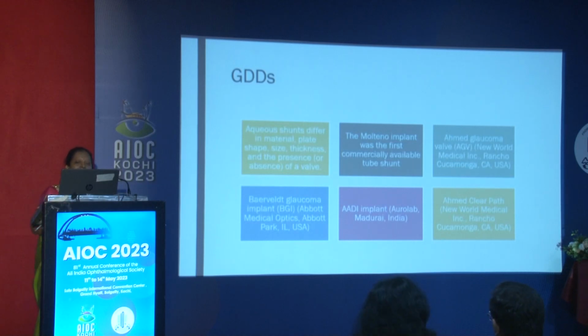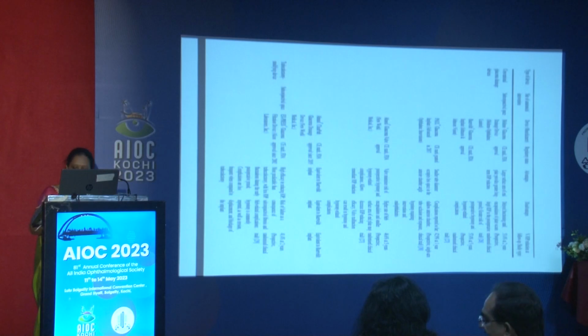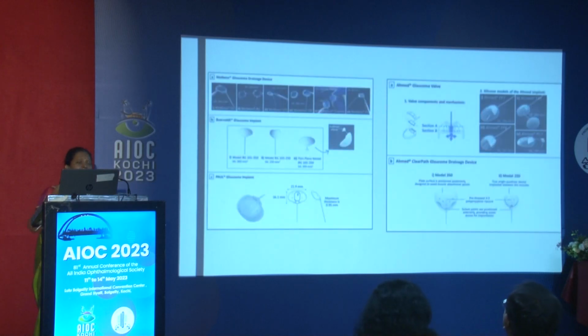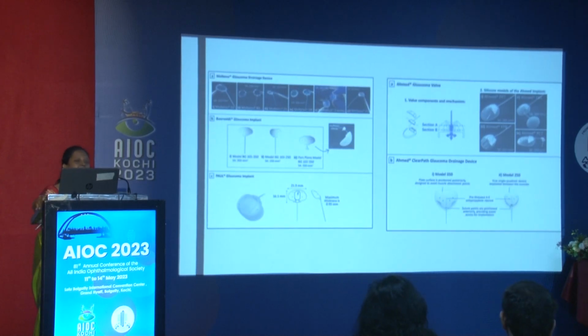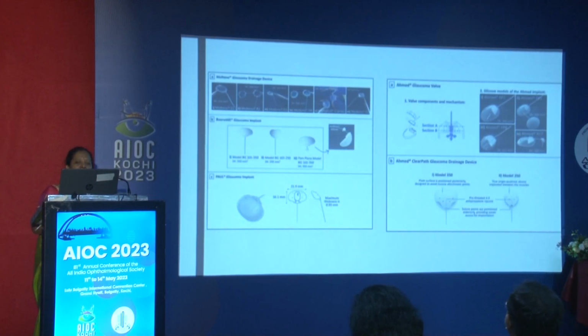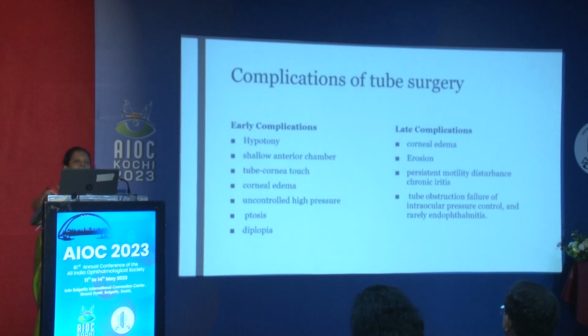The popular ones are Ahmed, Baerveldt, and the prototype of Baerveldt, the Indian indigenous device, the AADI, which is very popular. There are also Paul glaucoma implants, and then recently the non-valved version of the Ahmed, the Ahmed ClearPath, has also come up.